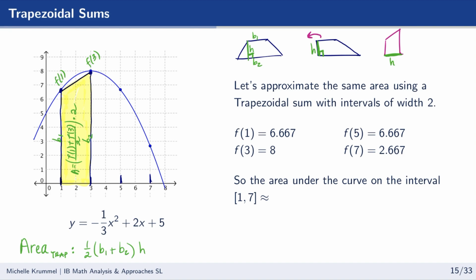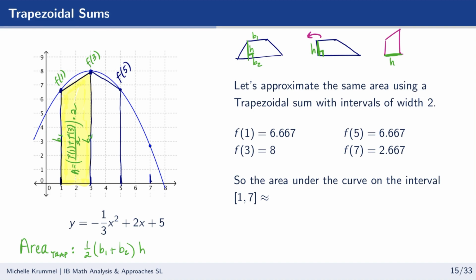Our next trapezoid, the subinterval goes from 3 to 5, so we follow 3 up, then we follow 5 up till we hit the curve, and we connect those 2 points, and that's our trapezoid there. So the area this time is half of f of 3 plus f of 5, and then times the height, which is 2.